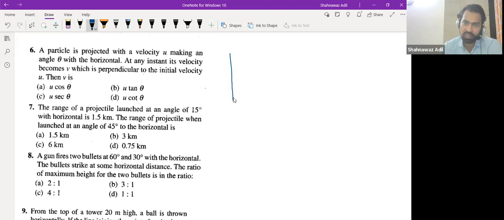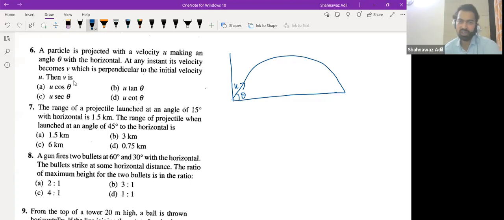So again, this diagram. The first few questions would be based on this diagram only, right? So we have this projection, and this magnitude is u, this is theta. Now, at any instant, its velocity becomes v, which is perpendicular to the initial velocity u.